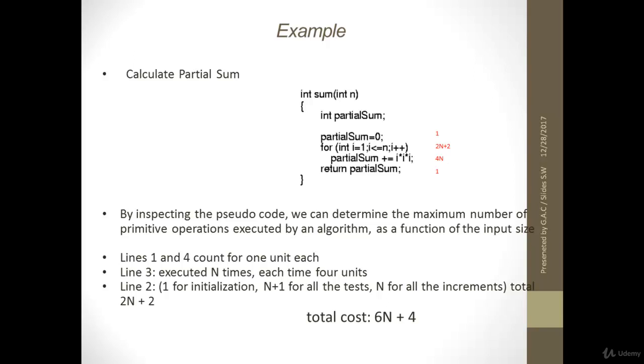Here, by inspecting the pseudocode, we can determine the maximum number of primitive operations executed by an algorithm. So we take it as a function of input size. We inspect the pseudocode and determine the maximum number of primitive operations executed by an algorithm.